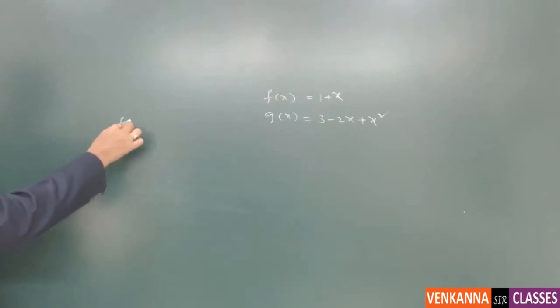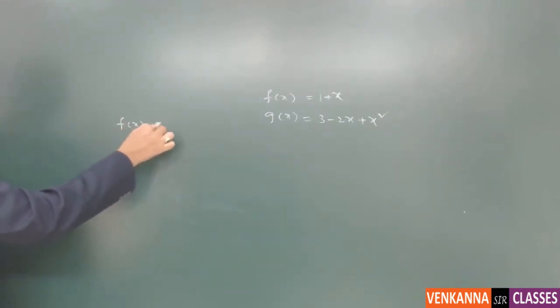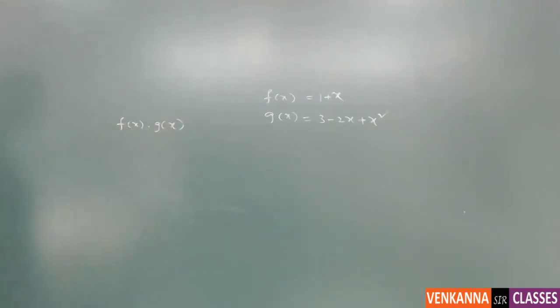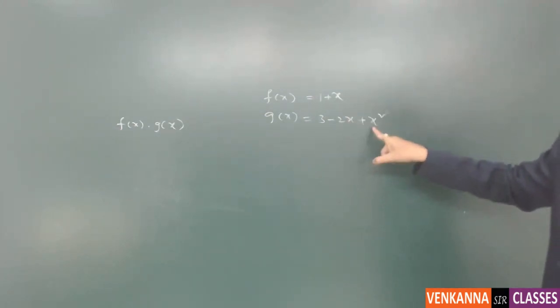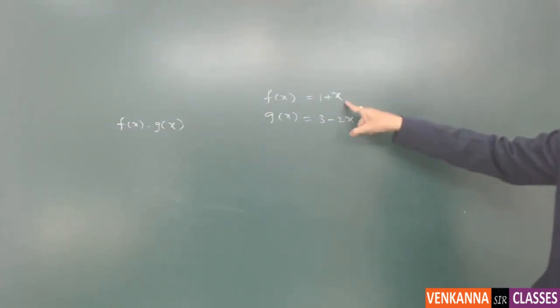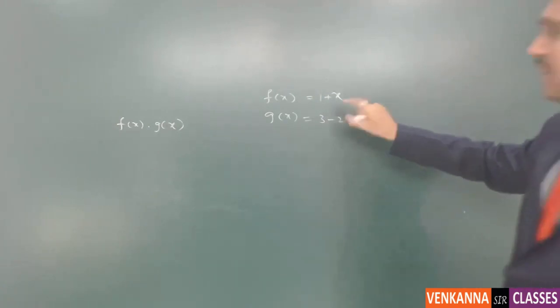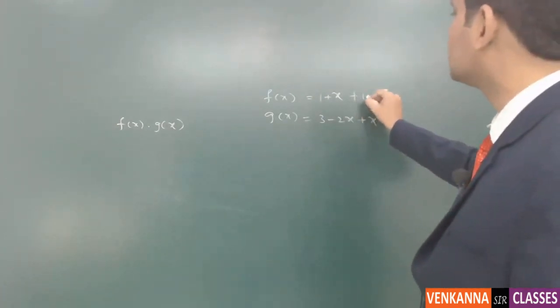And here we are calculating f(x) times g(x), the product of the two polynomials. While comparing the degree of these two polynomials, one has degree 2, the other has degree 1. So for computational convenience, I am writing it as 0 into x square.